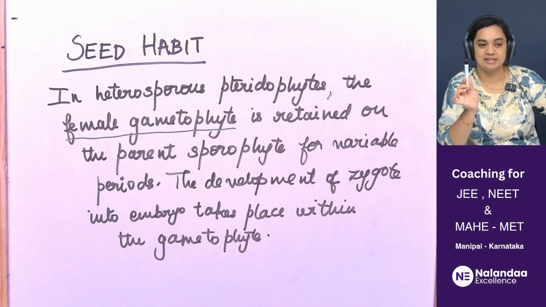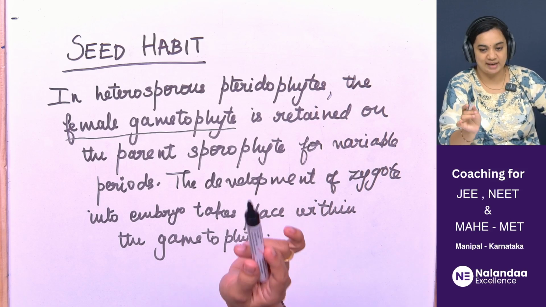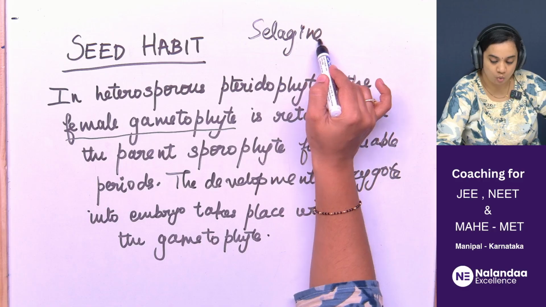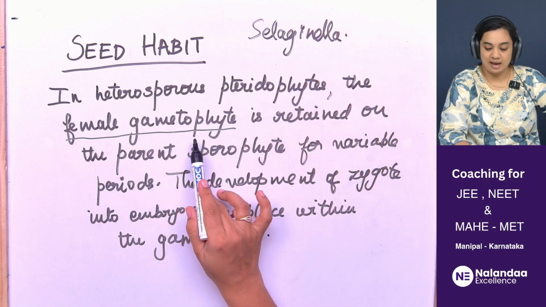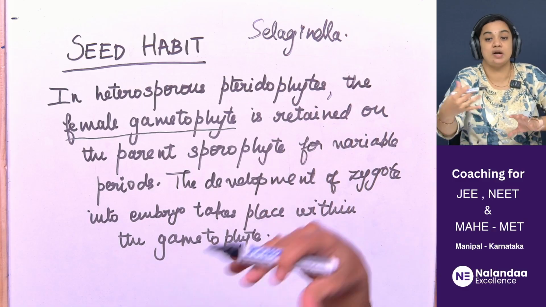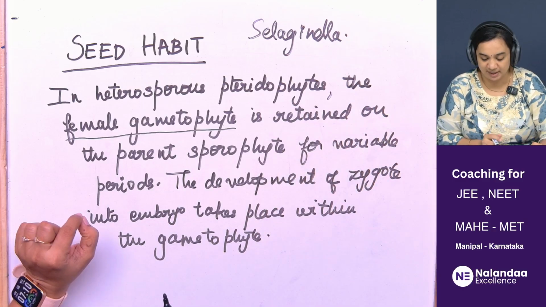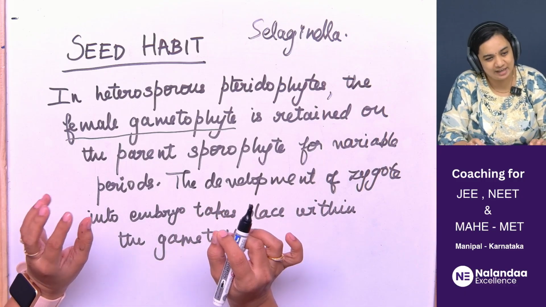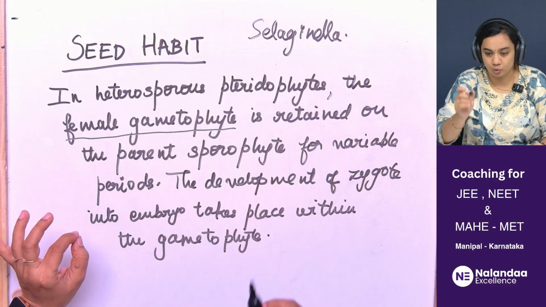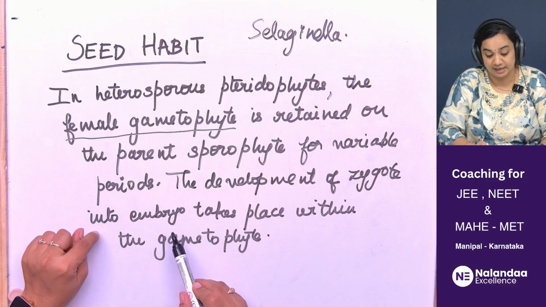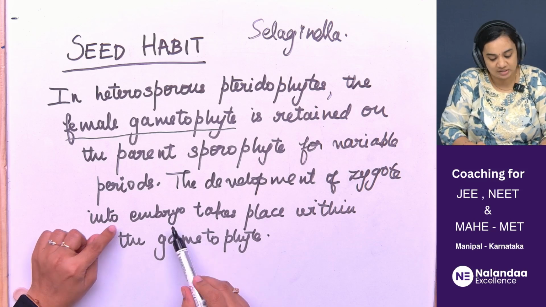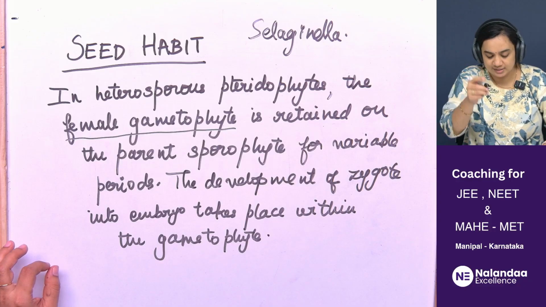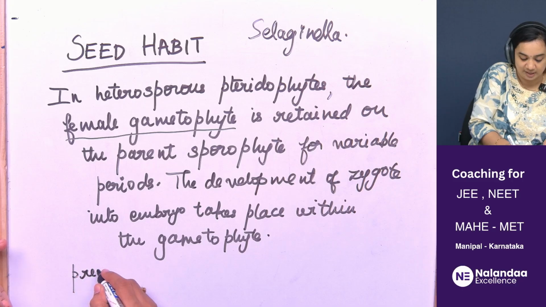But in specific cases of pteridophytes like Selaginella and Salvinia, the female gametophyte is retained, which means it is not released. It is retained on the parent sporophyte for variable periods. I'm not saying it will be retained indefinitely. It is retained for a small period of time during which there is development of the zygote into embryo. So fertilization, zygote developing into embryo takes place within the gametophyte. This is actually a precursor, meaning the first step.